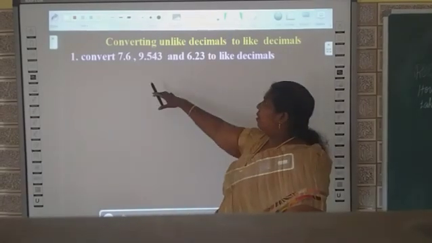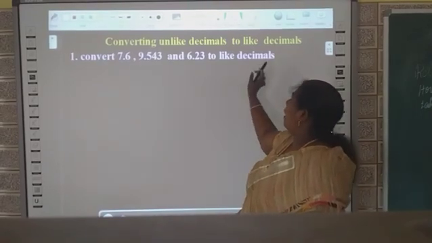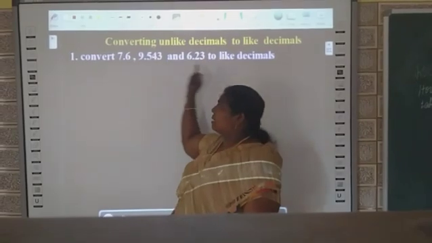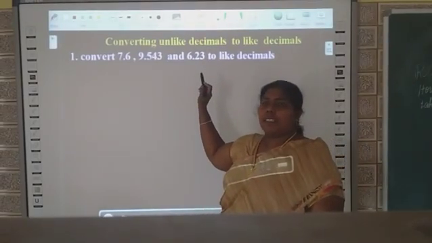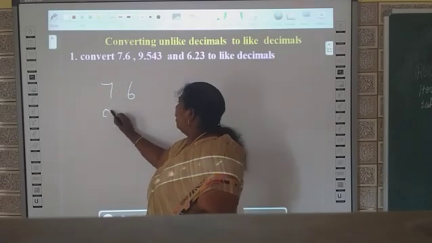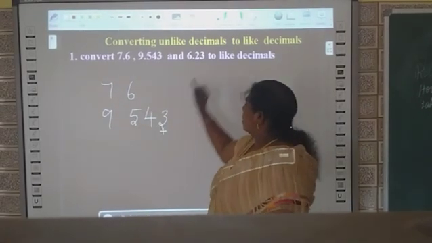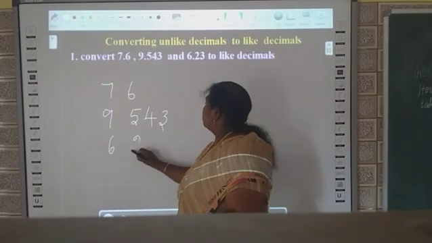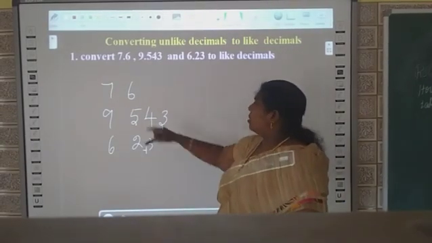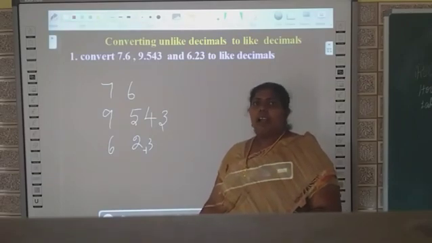See the example: convert 7.6, 9.543 and 6.23 to like decimals. Are these decimals like or unlike? Here 7.6, then 9.543, and 6.23. These are unlike decimals.